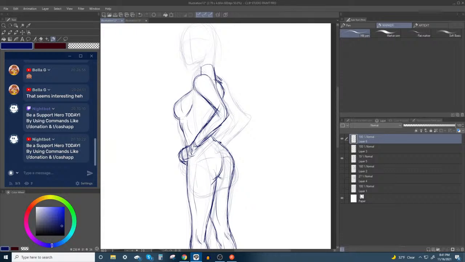And then the arm's going to be in the same line with this arm. Okay, like that. Like that.